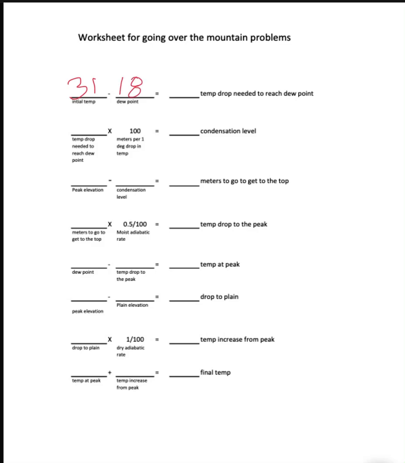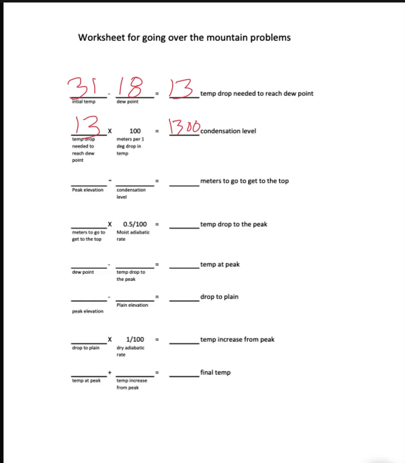And that would mean that 31 minus 18 would give us a 13-degree temperature drop needed to reach the dew point. So let's put 13 in here, and then we're going to multiply that by 100, and 1300 would be the condensation level. So we'd have to get up to 1300 meters to condense.